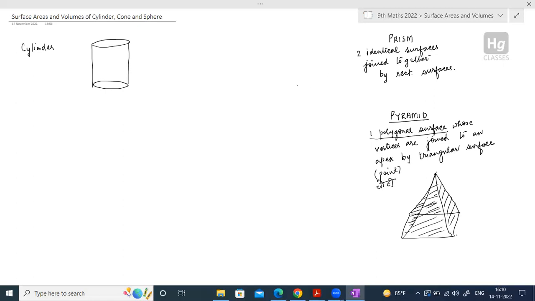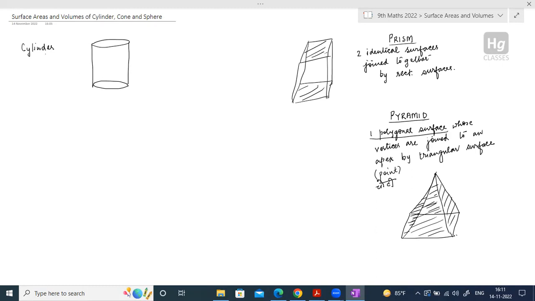And in a prism, if you take a parallelogram at the base and another parallelogram at the top and you join the corresponding edges by rectangular surfaces, you will get a prism. And this is a parallelogramic prism, right? Because the top and bottom are parallelograms.